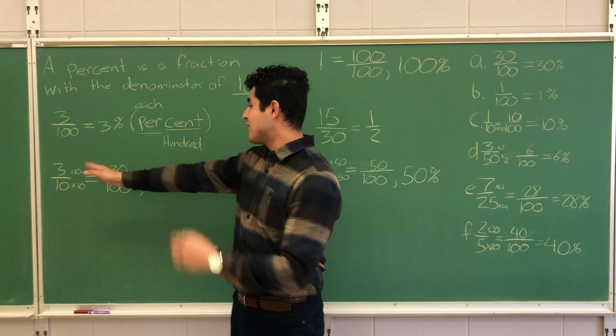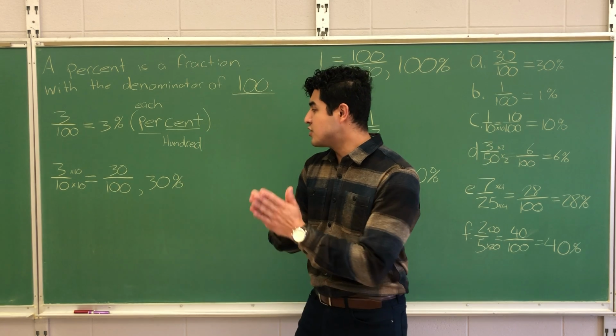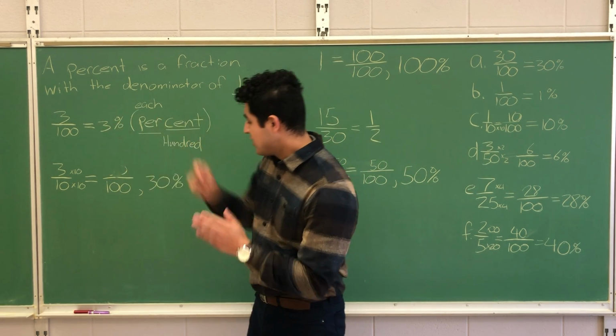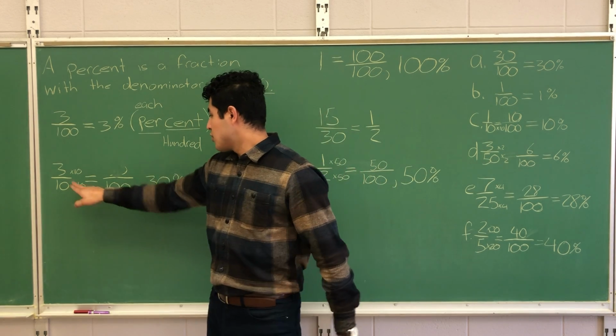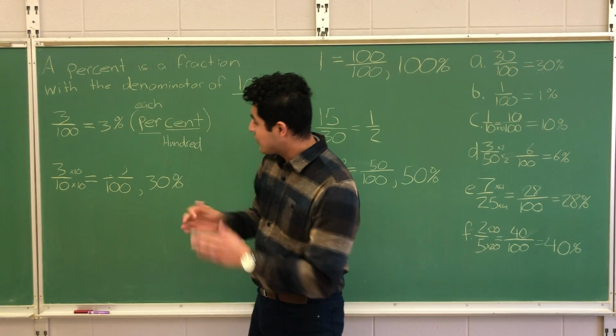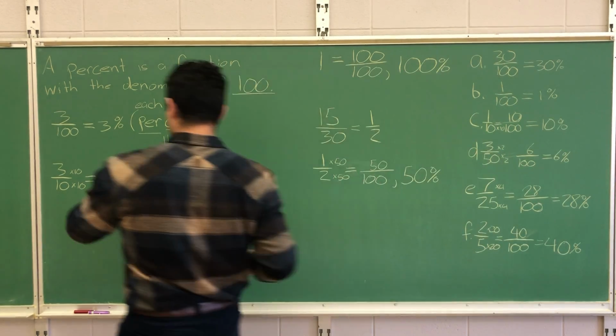Anyway, all right, so we're converting 3/10 into a percent, okay? In order to do that, I can erase this. We take 3/10 and we're looking for the number for the numerator that will go over 100.